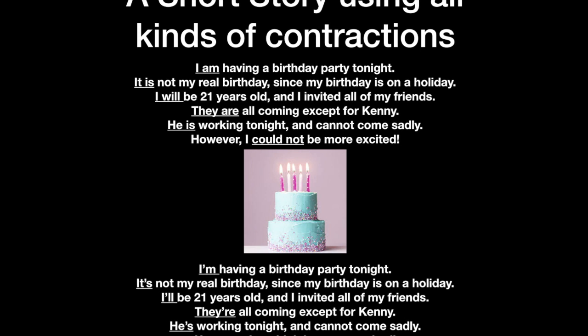I'm having a birthday party tonight. It's not my real birthday, since my birthday is on a holiday. I'll be 21 years old, and I invited all of my friends. They're all coming except for Kenny. He's working tonight and cannot come, sadly. However, I couldn't be more excited.